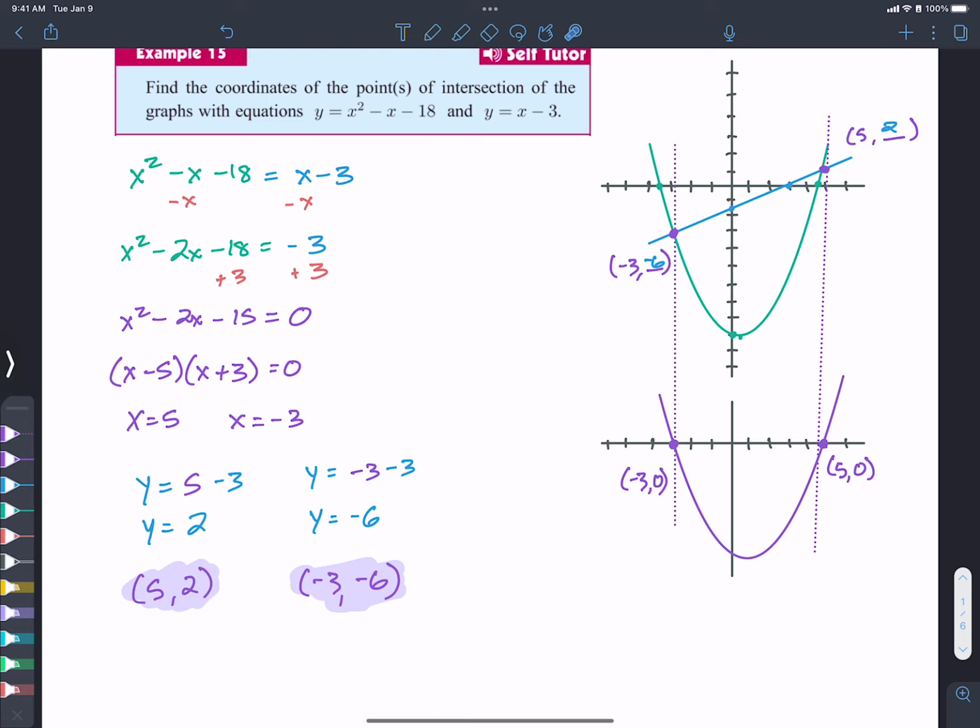This new quadratic was solely to find the x-intercepts, which correspond to the x values of where these two things cross. And then we take those two x-intercepts and we drop them back into our equations to find the corresponding y values. So don't get confused with this idea of there's a new quadratic out here. That's just roughly what we're doing there.